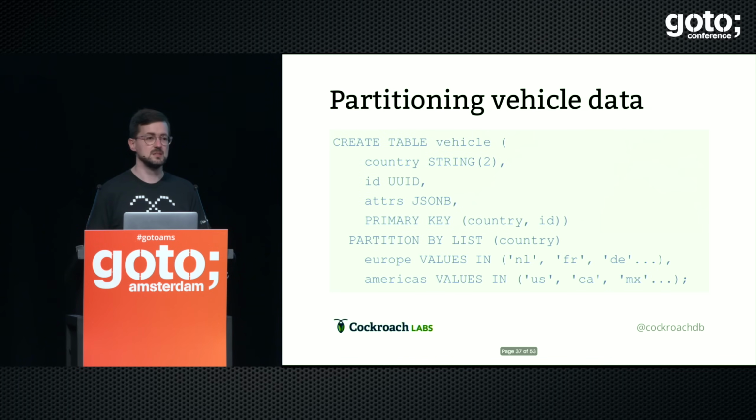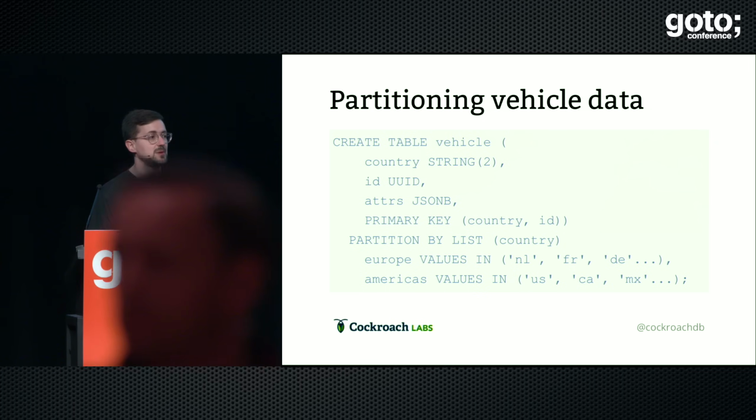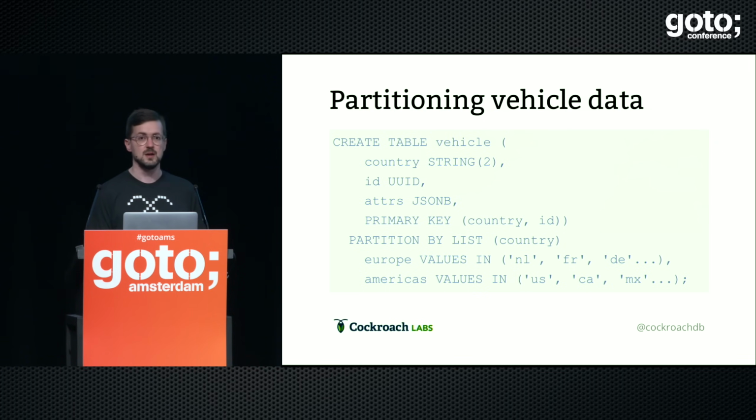Step 2 is to partition the data. So we have some SQL extensions that we use to change the table for a partitioned use case. The first thing to note about this create table statement is that we have a composite primary key that includes both the country code and the UUID for the vehicle.